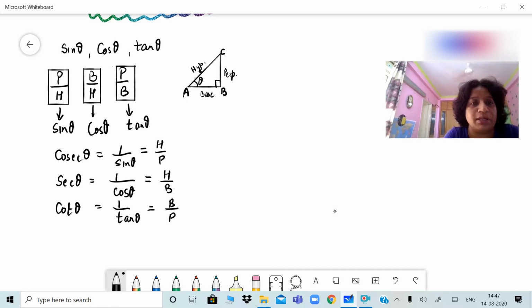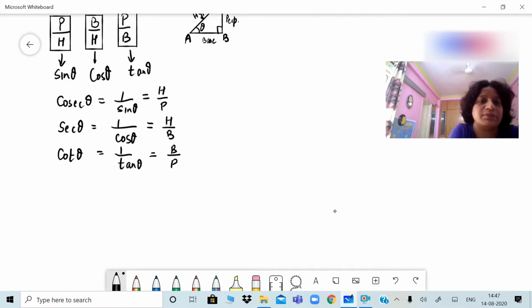Cos of the angle is B upon H, base upon hypotenuse. Tan of the angle is perpendicular upon base. The reciprocal of sine is cosecant, hypotenuse upon perpendicular. Reciprocal of cos is secant, hypotenuse upon base. And reciprocal of tan is cot, base upon perpendicular.